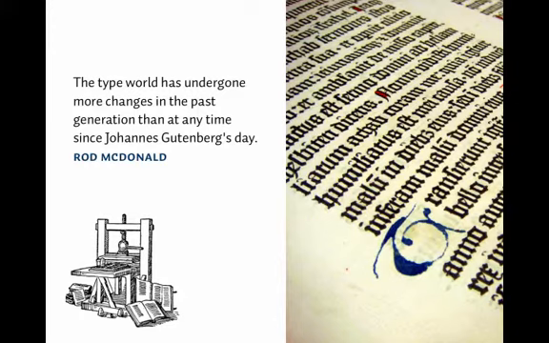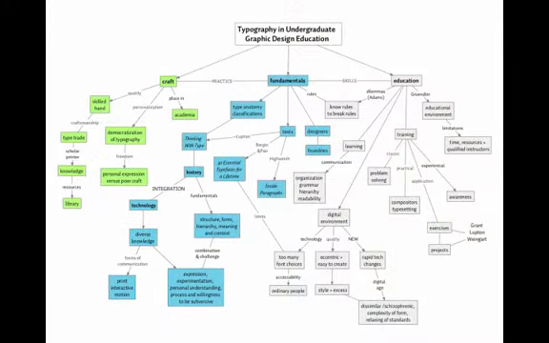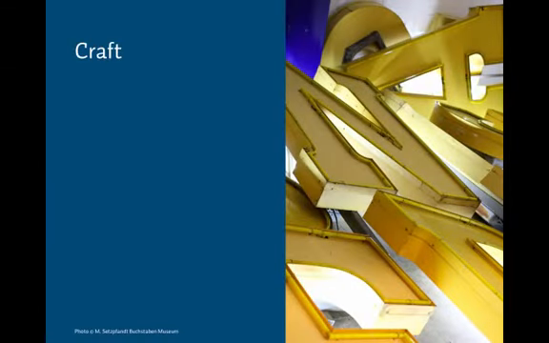The changes in design, especially in the last 25 years, also known as the paradigm shift, since the creation of the computer and onset of the technological revolution, is a factor educators of typography continue to debate. From my concept map, I'm focusing in on 4 categories for typography education, and those include craft, education, tradition, and technology.